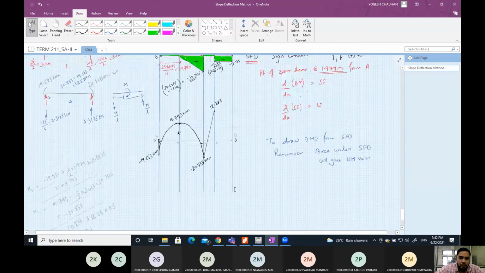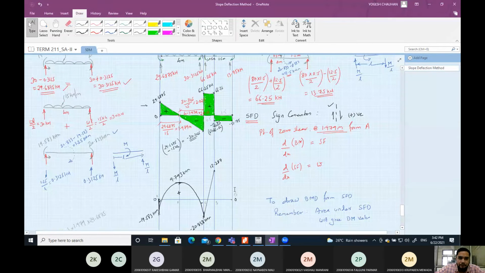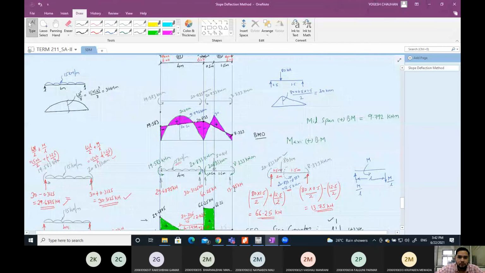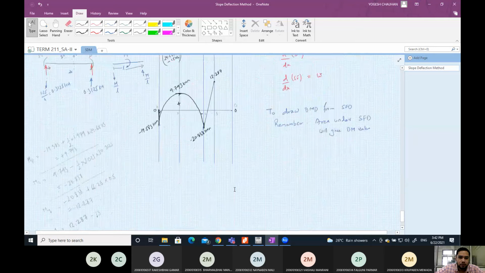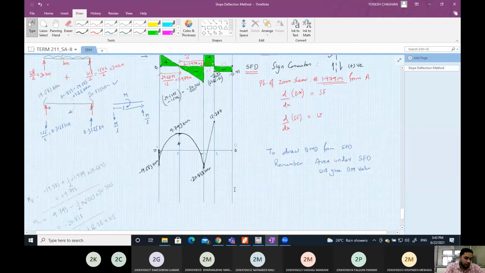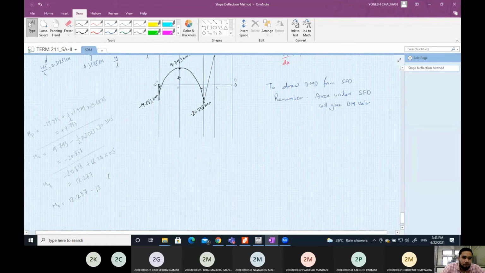Wait a minute, we left some moment here. Yeah, okay. 13.75 into 1.5 minus 13.75 into 1.5, that will give you minus 8.333 or something like that.